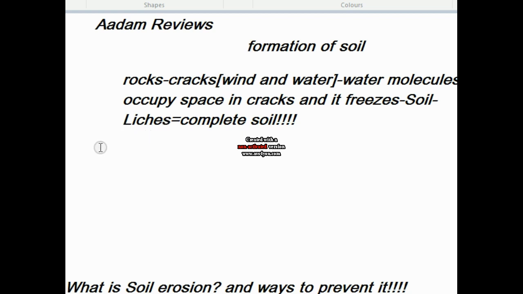Soil erosion is the removal of the top fertile layer of the soil by the forces of wind and water. So let's write it up.